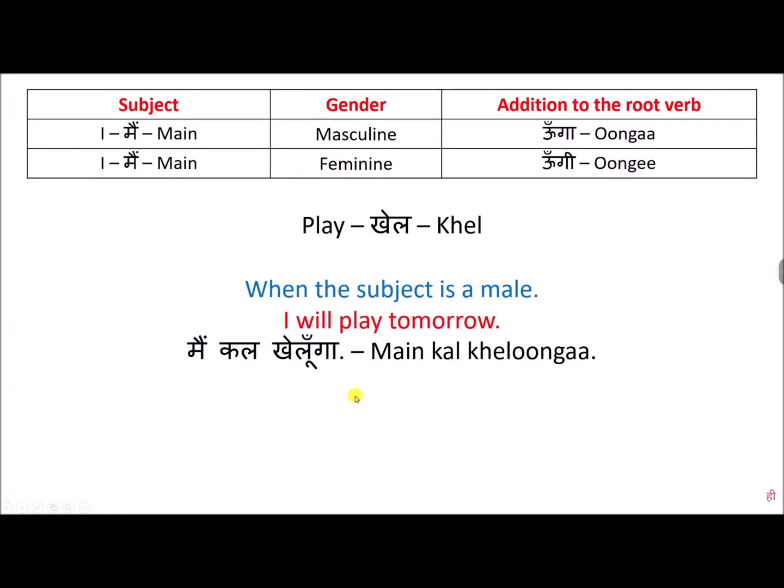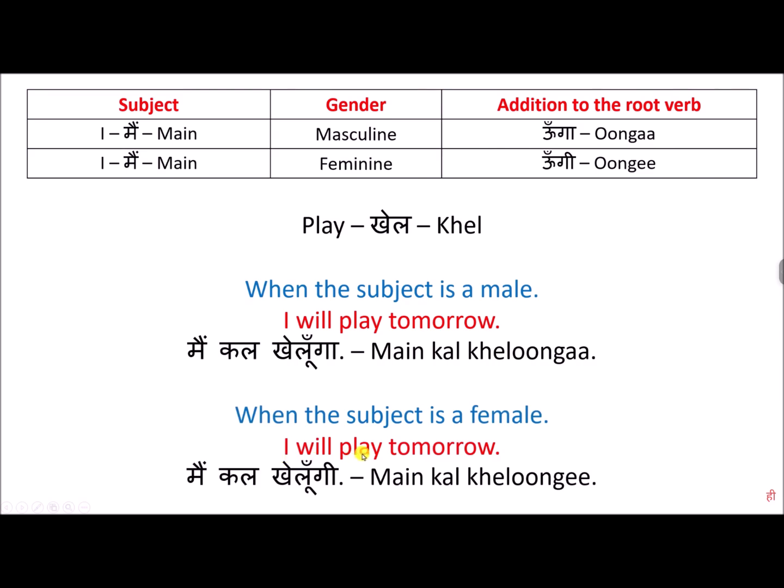So if a female wants to say I will play tomorrow, then she will have to say मैं कल खेलूंगी. मैं is I, kal is tomorrow, khel is the root verb to which we have added ungi. So मैं खेलूंगी is I will play, kal is tomorrow.